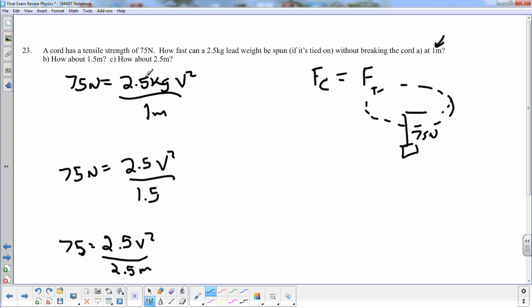Holding everything equal, 75 times 1.5 divided by 2.5, square root of that, 6.7 meters per second.